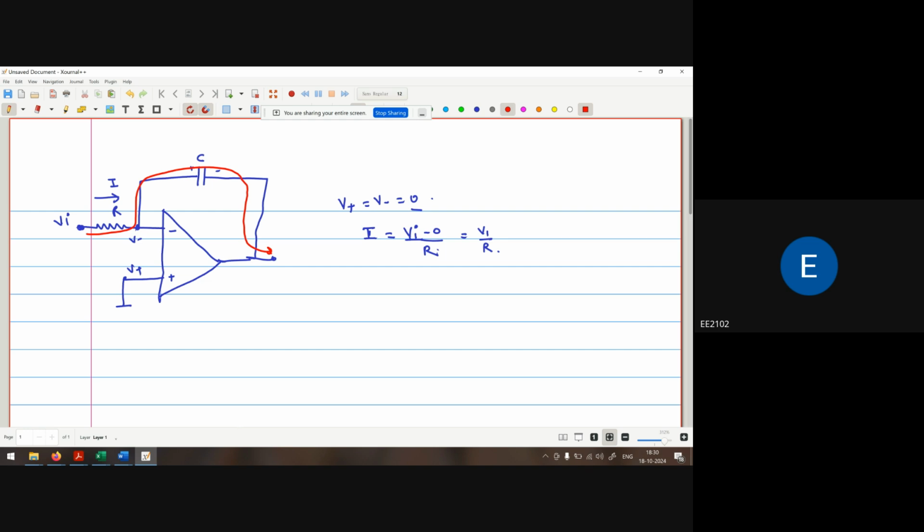Why? Because it is a virtual ground concept, that means no current will go inside the op-amp. Now, if the current is going in this direction, what is the value of the current? It is V minus minus V out upon XC.